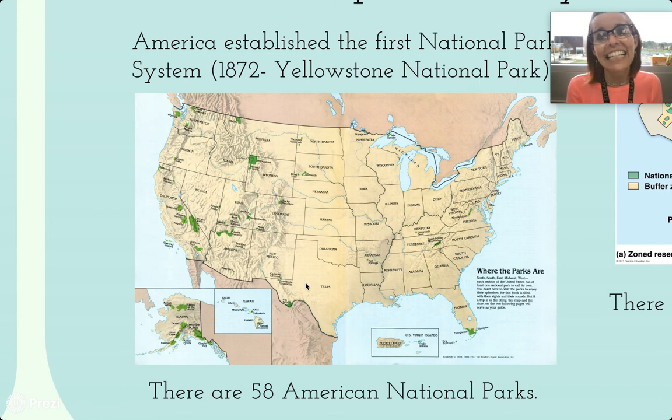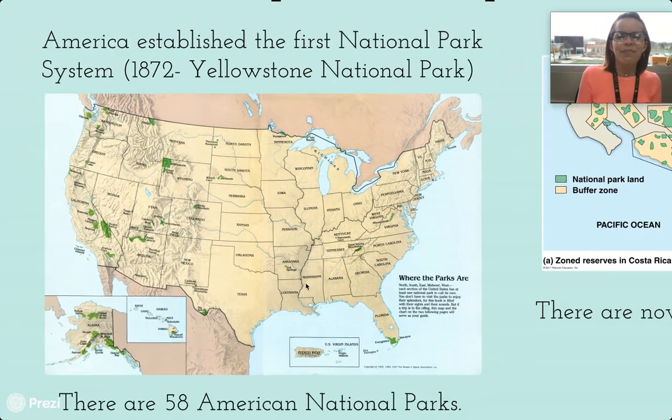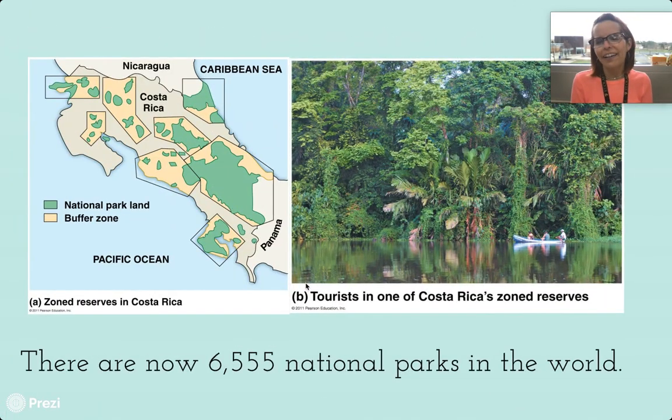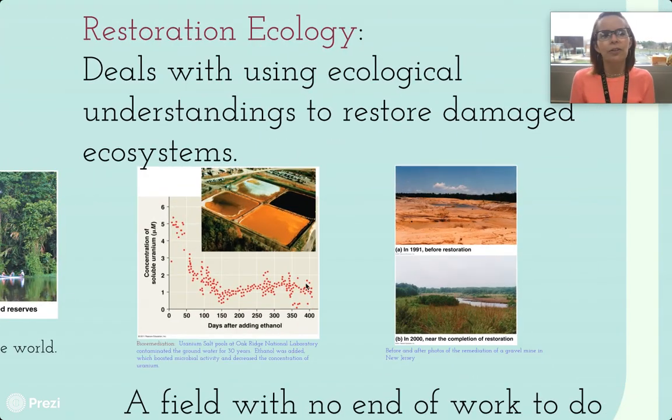Like I said, there are now 62 national parks. As of today, I've been to 47 of the 62 national parks. Love going there. So that's one form of conservation and action that we can do. And then in other countries, there's other ways that they're having protected zones where there's no agriculture, there's no ranching, that kind of thing, just to make sure that the animals have safe spots in the world.